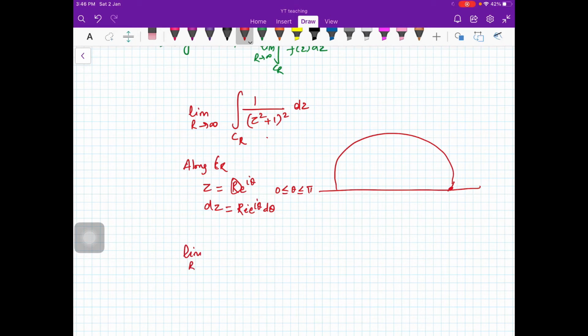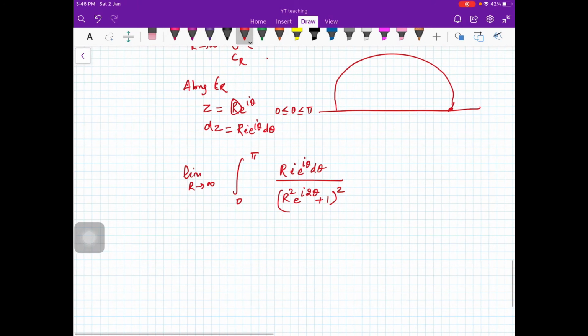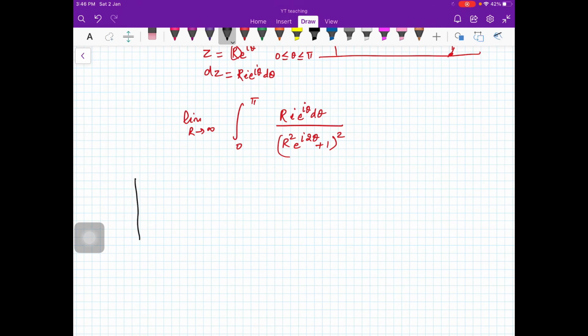So this becomes the limit R going to infinity of the integral from theta 0 to pi. In place of z, dz I will write R iota e raised to power iota theta d theta, upon z squared, which will be R squared e raised to power iota 2 theta, plus 1, whole squared. Now you see, we have to do some manipulation with this. So I'll just look at this quantity. I'll use the triangle inequality because I want to simplify this expression.